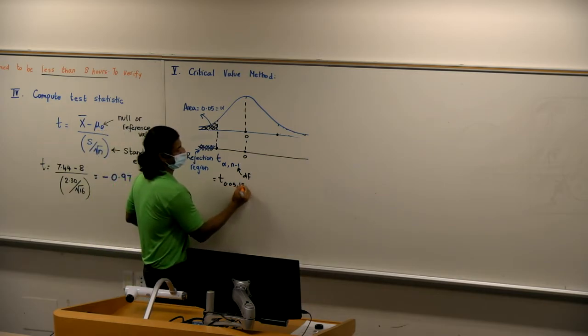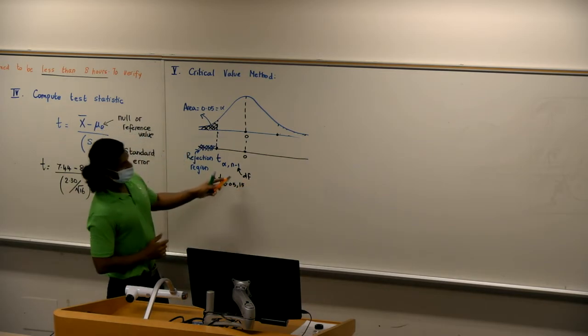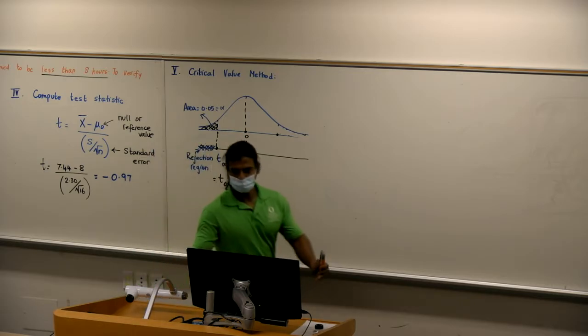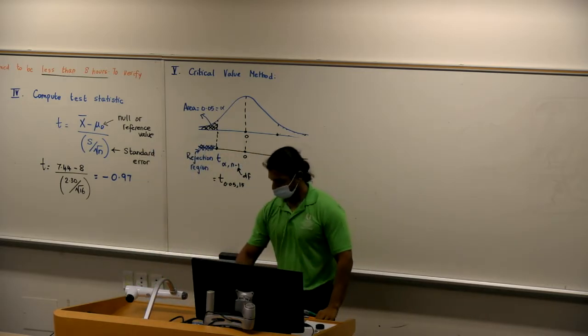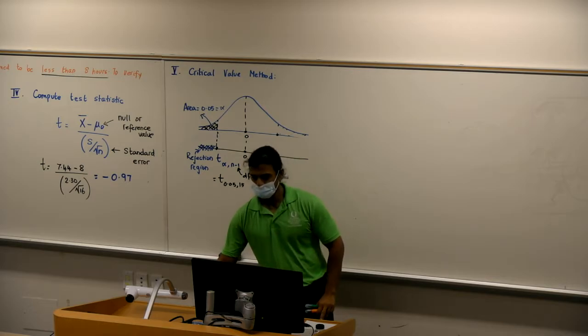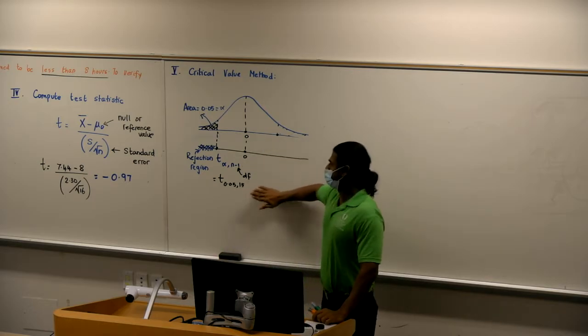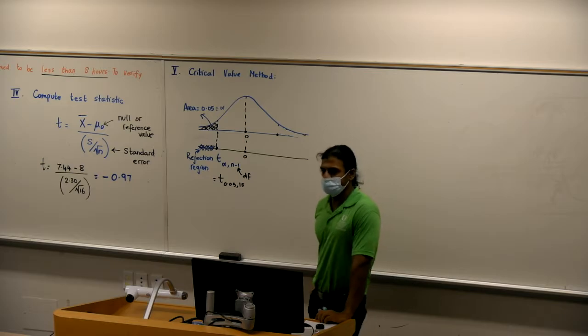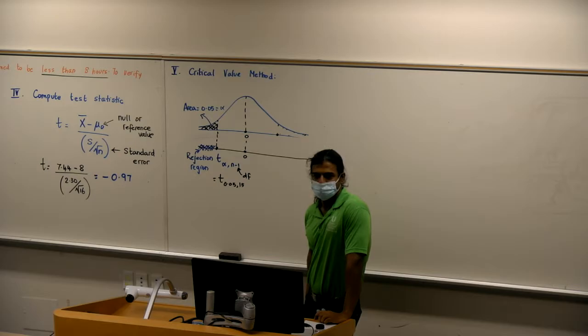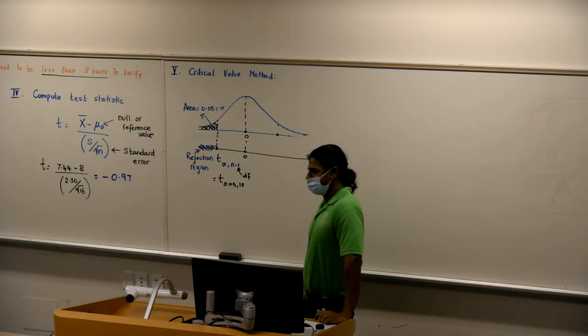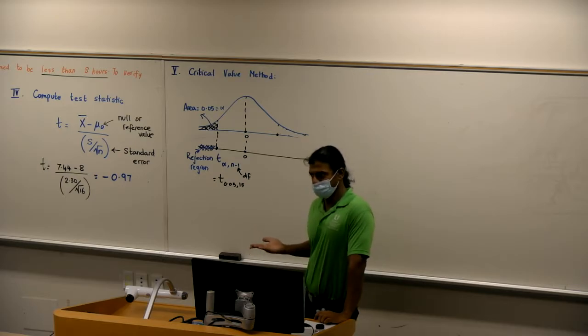What did you write under one? df. How do we find that critical value? We can either use the chart or inverse t.